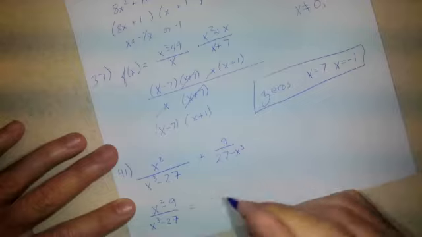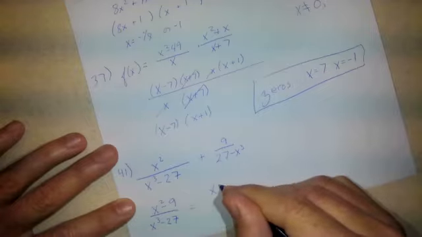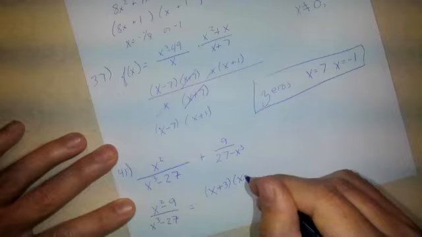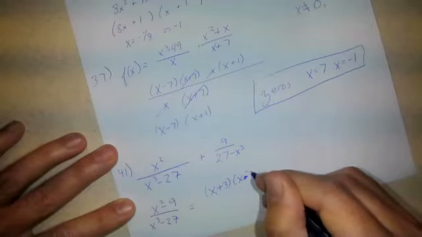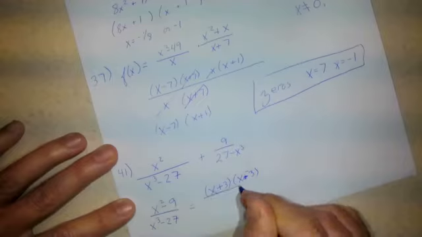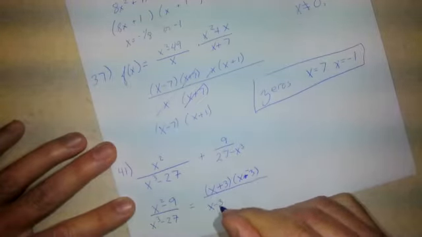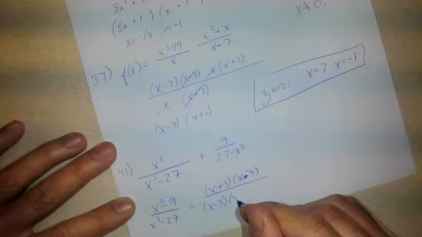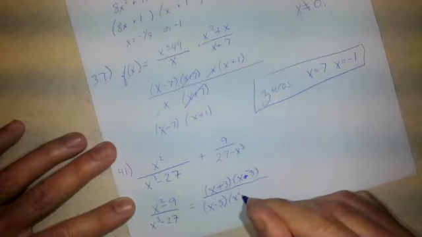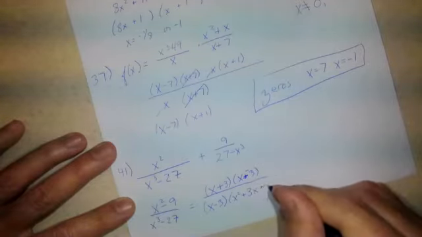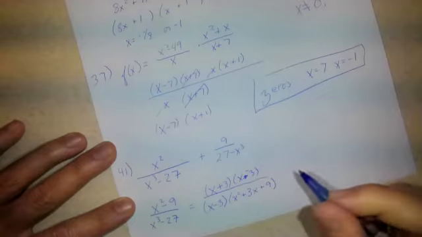We will continue to simplify by factoring the numerator, which was a difference of squares. Oops, that should be a minus 3. And the denominator, which is a difference of cubes, remembering that mantra: with the same sign, x squared, with a different sign, 3x, and always end with a plus 9.